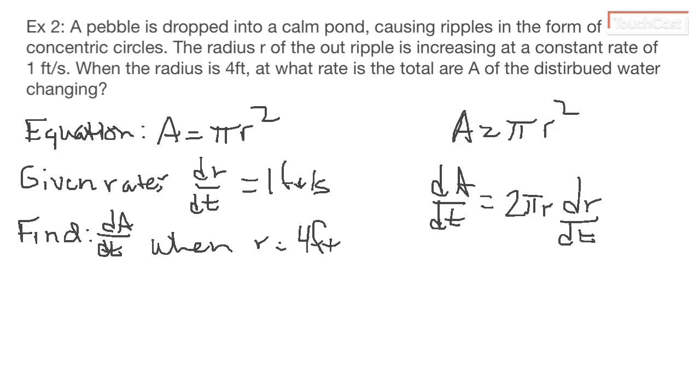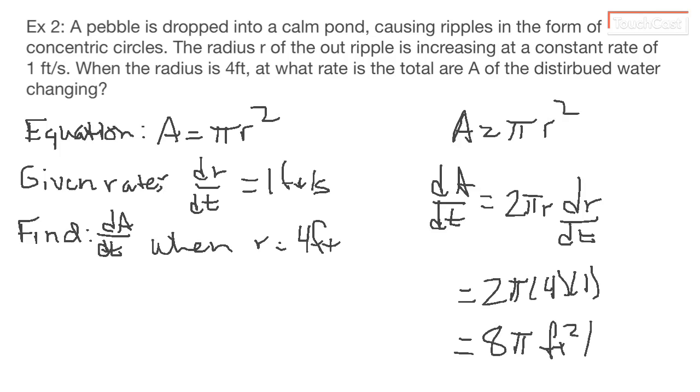So let's replace 4 for r and 1 for dr/dt. So dA/dt is going to equal 2 pi times 4 times 1. Well, let's go. 2 times 4 times 1, that's 8 pi feet squared, because this is area, per second.